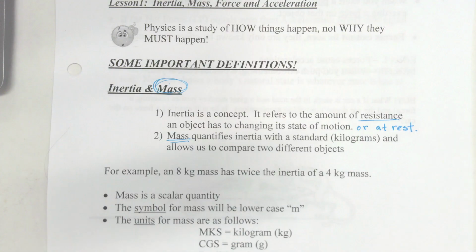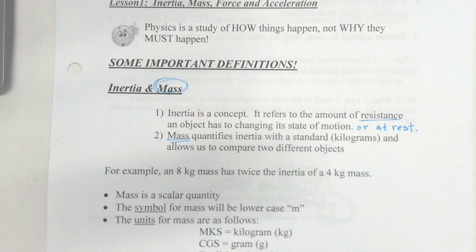So if you could think of an elephant on a skateboard and a tiny mouse on a skateboard, which one would be easier to push? Why? Which one would be easier to stop if it's coming at you at 30 miles per hour?